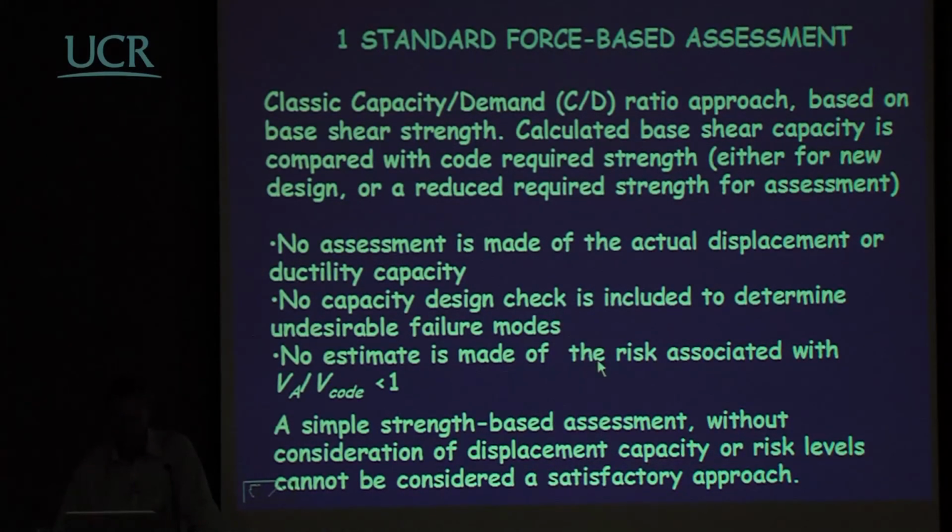No estimate is made of the risk associated with the strength, the base shear strength divided by the code strength being less than 1. In other words, it's not common, at least yet, to determine what that risk means in terms of, say, annual probability of exceedance. A simple strength-based assessment, then, without consideration of displacement capacity or risk levels, cannot be considered a satisfactory approach and has really little value.